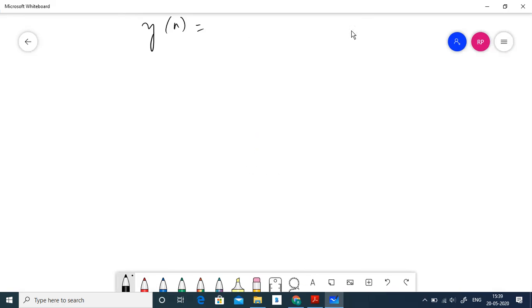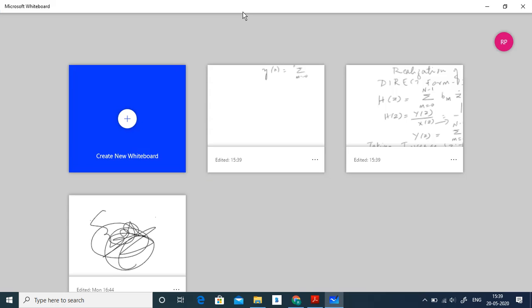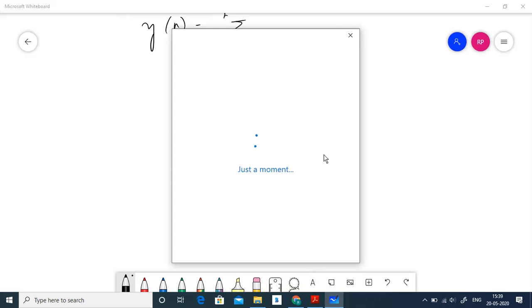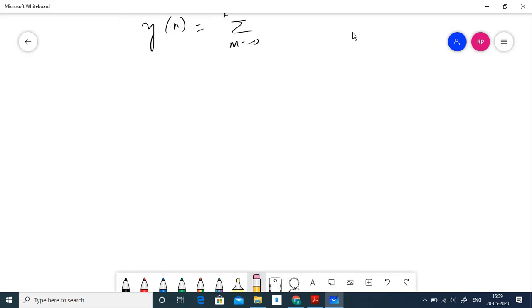This was the equation we got after we took the inverse z transformation: y(n) is equal to summation m = 0 to N-1 of b_m x(n-m).